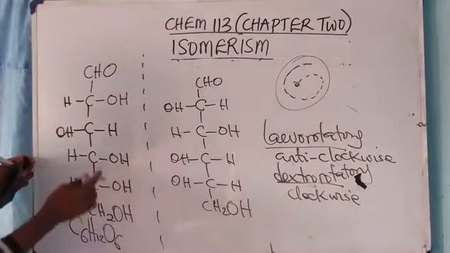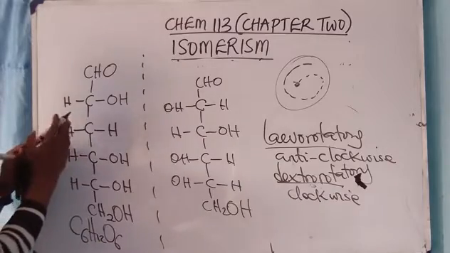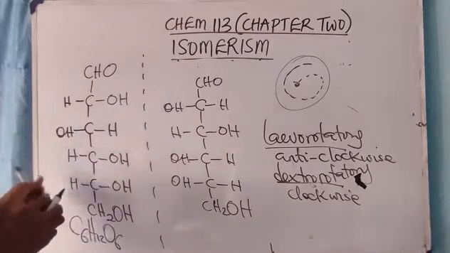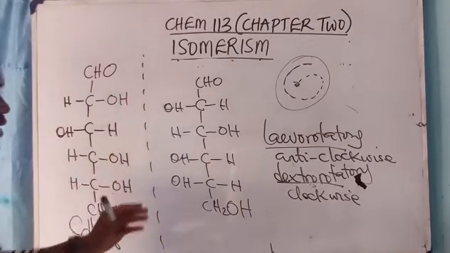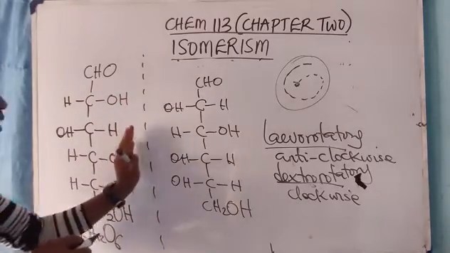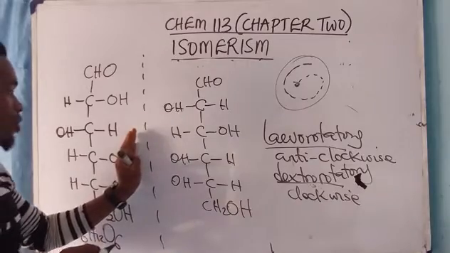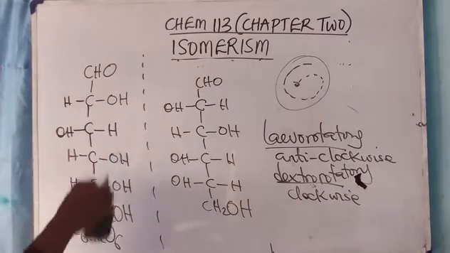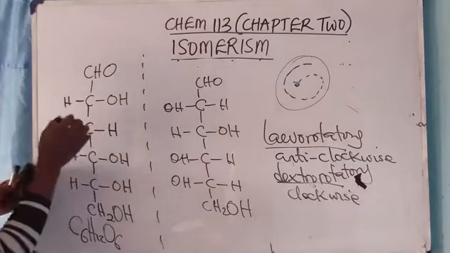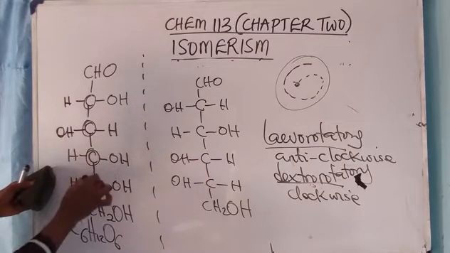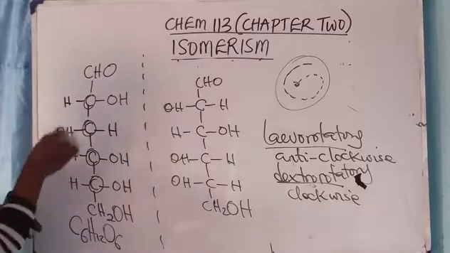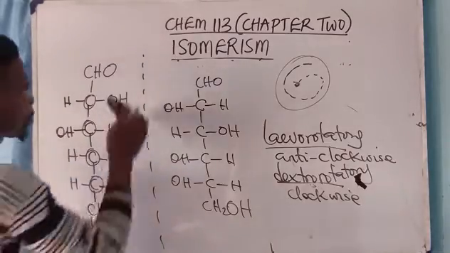You can see now that it has rotated. The ones that were on the left hand side have rotated to the right hand side. Now, the ones that were on the right hand side have rotated to the left hand side. And glucose has how many chiral centers? 1, 2, 3, 4. So there are 4 chiral centers in what? Glucose. Take note of that.